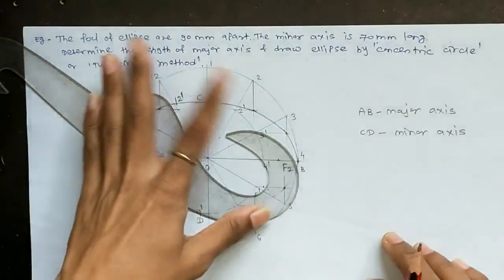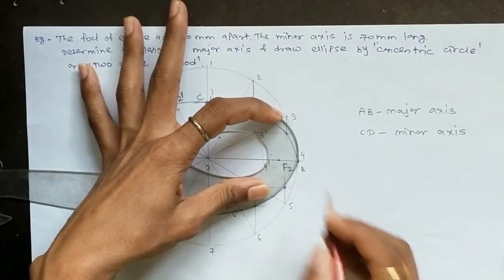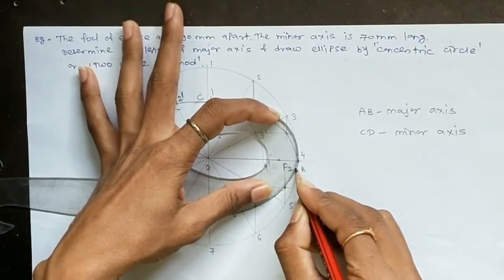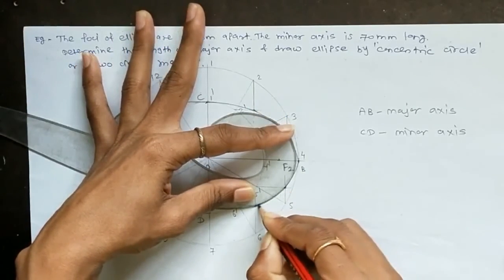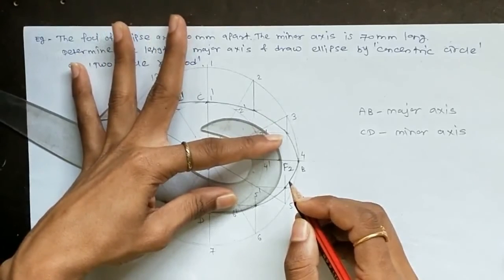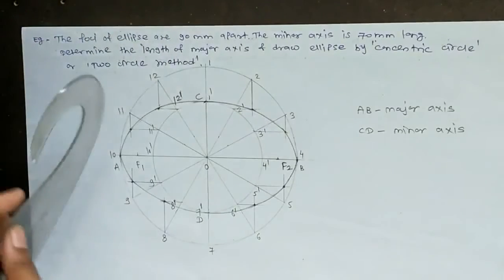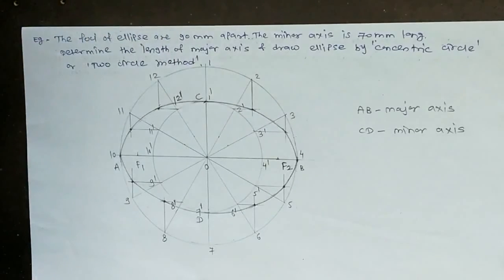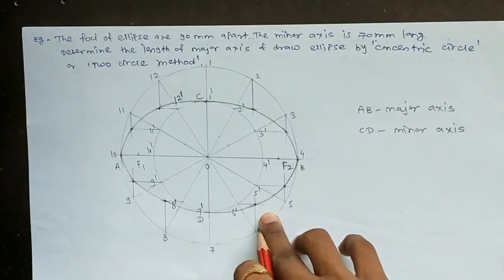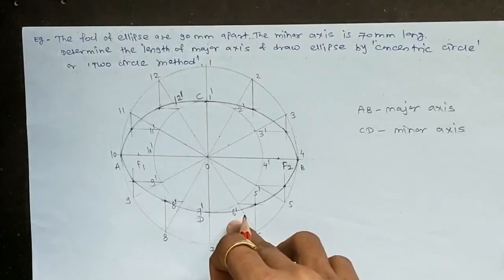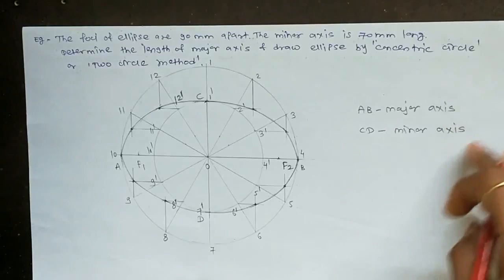Now join point B to point D by taking various points in between. And in this way we have drawn the complete curve by the concentric circle or two circle method.